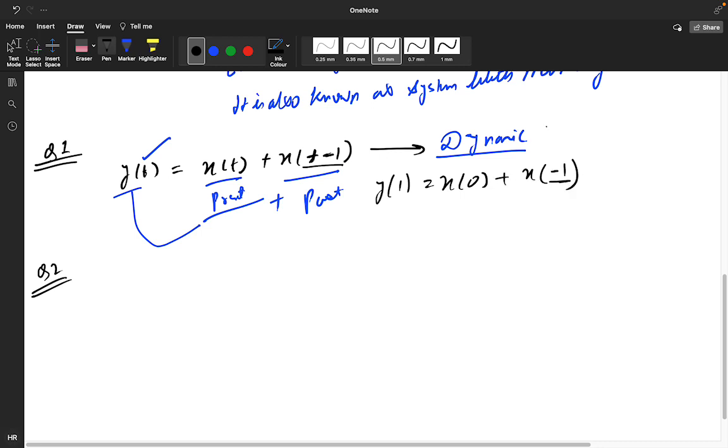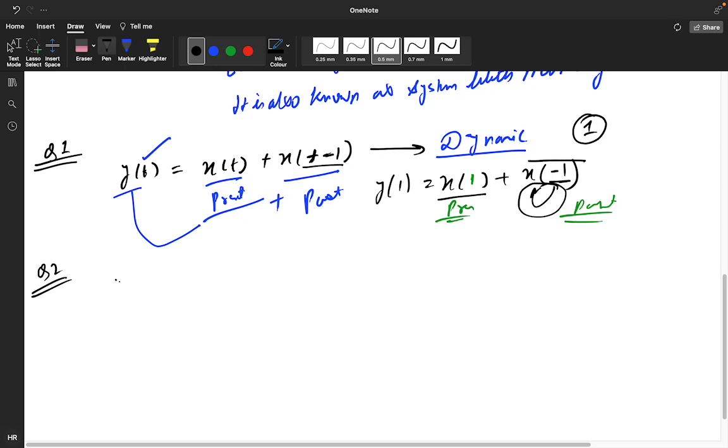You are giving 1, but it's taking the past input. This is the present input, x of 1 only, but it depends on the past also. So that's why it's dynamic.